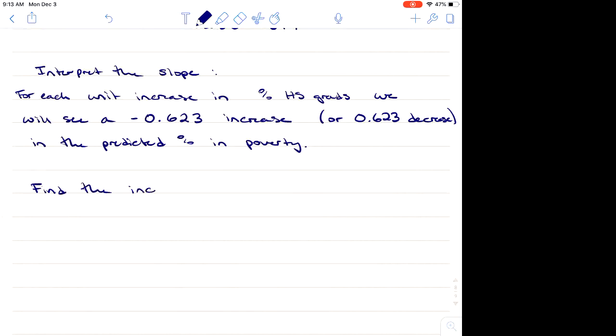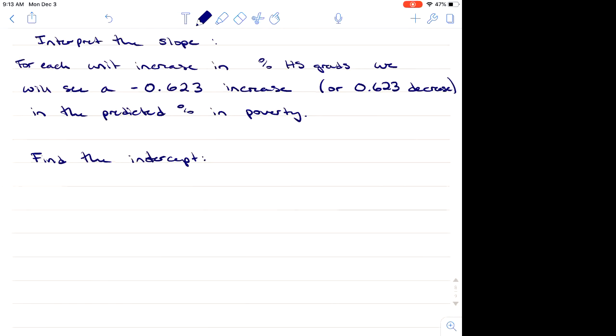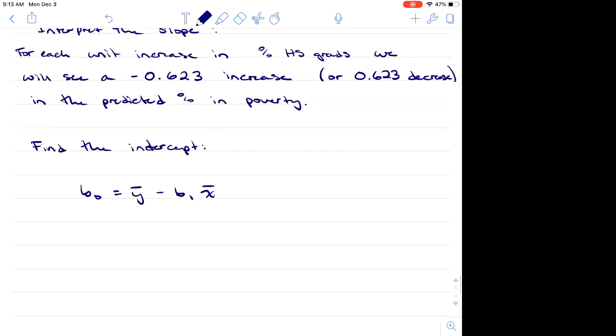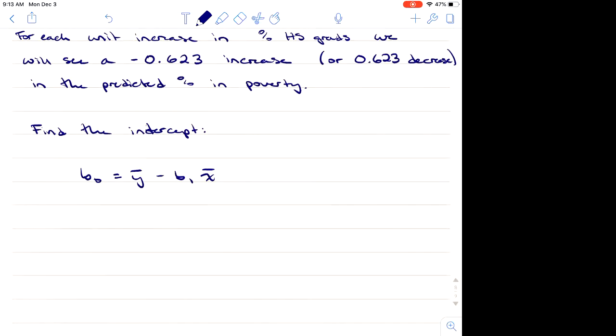Find the intercept. So the intercept on your formula sheet is b sub 0 equals y bar minus b sub 1 times x bar. So you have to use that slope from before.